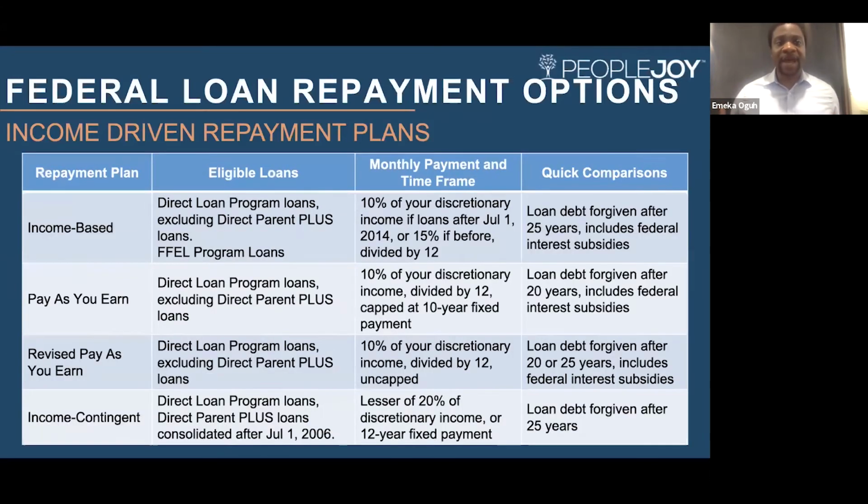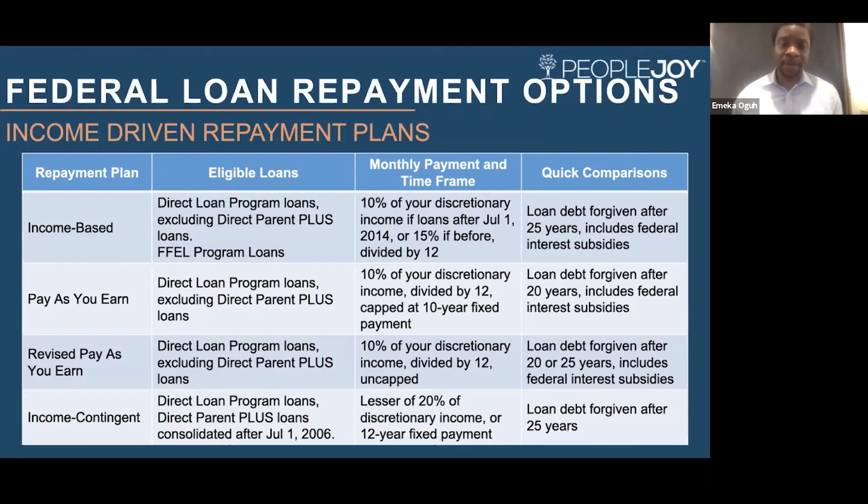And then you also have several income-driven repayment plans. So these are plans tied to your adjusted gross income. The government has plans put in place where if you come out of school and you qualify for a partial economic hardship, you can actually qualify for a lower monthly payment.